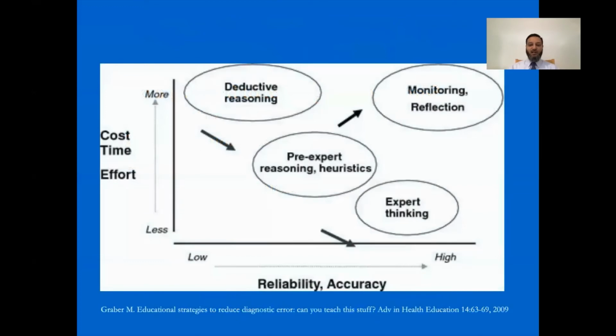So again, going back to our diagram that we talked about, we can use system 2, like I said, to reflect on the case and to monitor our experience so that we can learn from that case and become more accurate and reliable in our diagnostic decision making and in making the appropriate diagnosis.